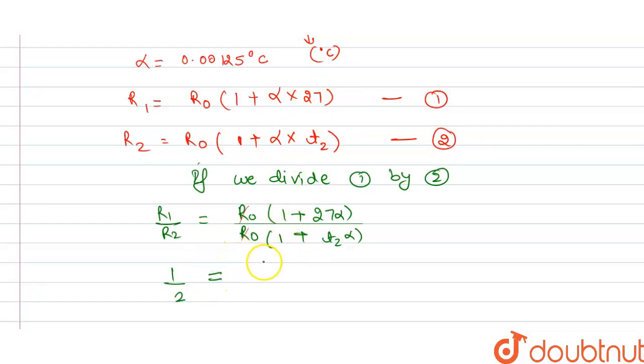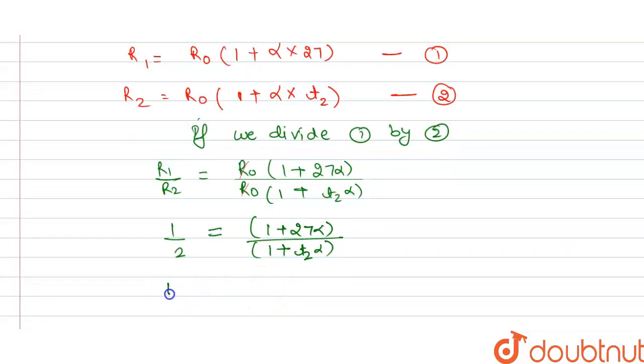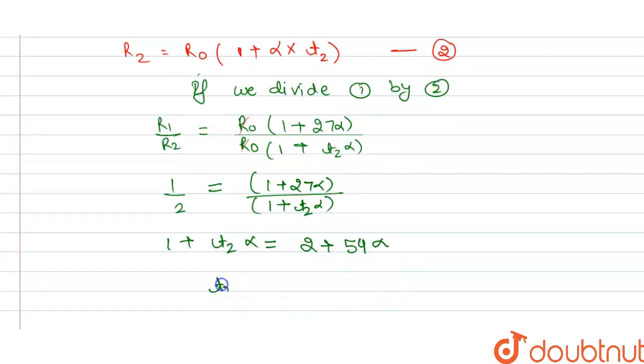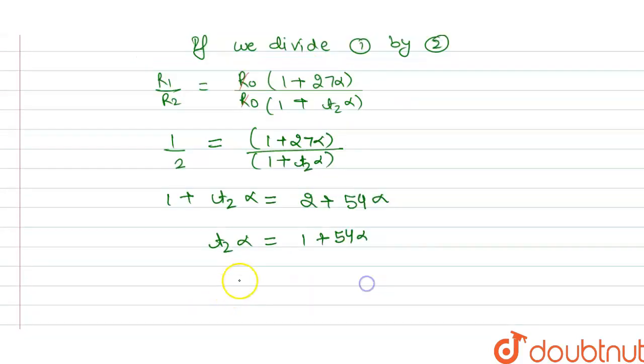So this is 1 divided by 2 equals (1 plus 27 alpha) divided by (1 plus T2 alpha). If we cross multiply, we get 1 plus T2 alpha equals 2 plus 27 into 2, that is 54 alpha. So from this we get T2 alpha equals 1 plus 54 alpha.